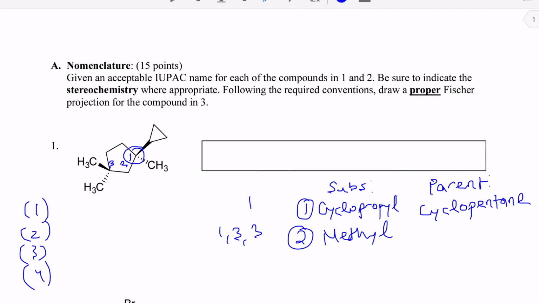And since the 4 atoms immediately attached to the stereocenter are all carbons, that doesn't really help us. So we need to go one step further and see what atoms are attached to those carbons. So for an easy start, let's look at the carbon for the methyl group.